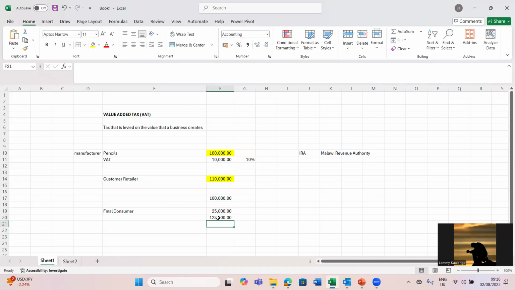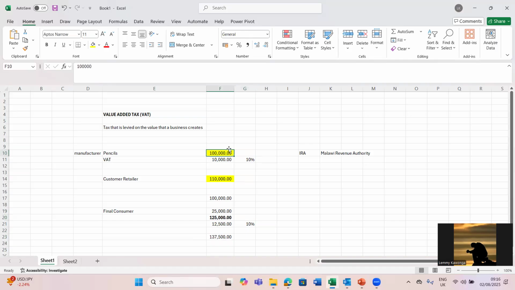So this includes the profit of the retailer. But now there's no tax here. So we'll add the 10% of this value we have added, to give us 12,500. So in short, the total cost the ultimate consumer will pay will be 137,000.